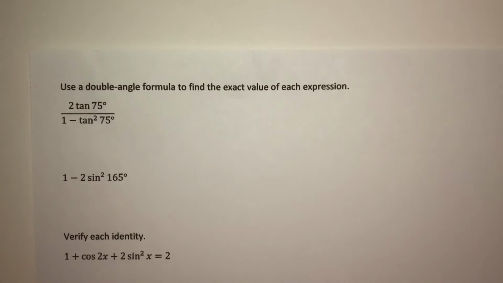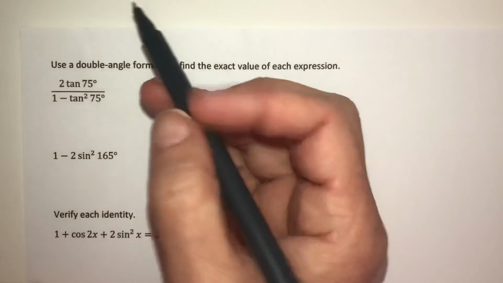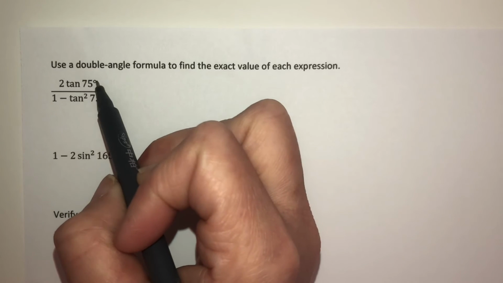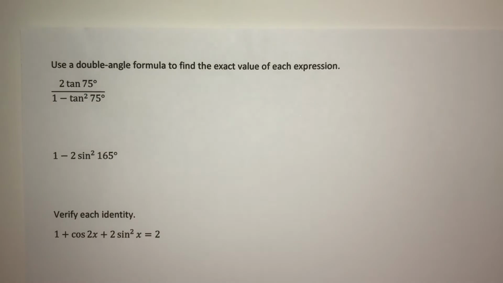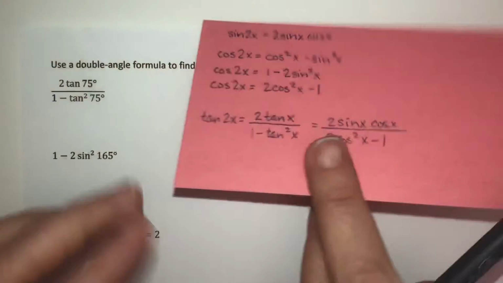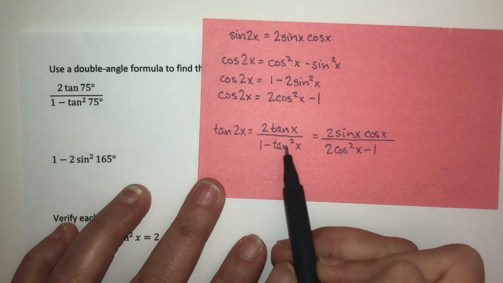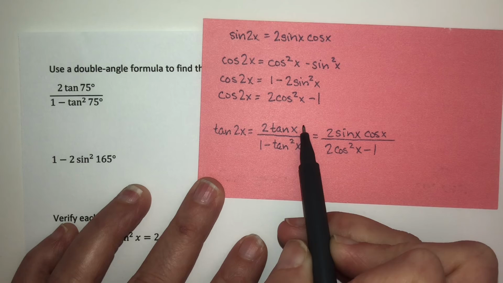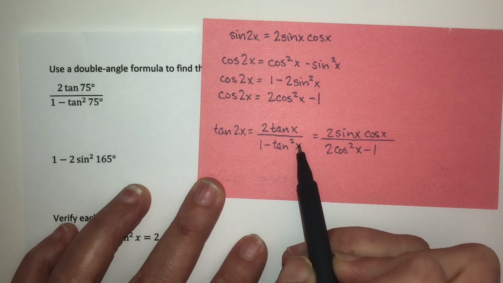Now let's use a double angle formula to find the exact value of each expression. I'm given 2 times tangent of 75 degrees divided by 1 minus tangent squared of 75 degrees. If you look at your formulas, I have 2 tangent of an angle divided by 1 minus tangent squared of that same angle.